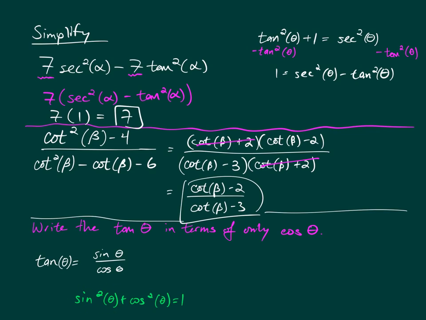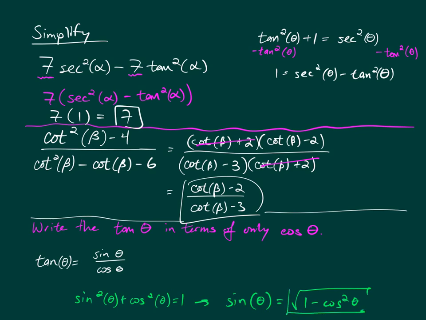So that will require you subtracting cosine squared from both sides and then taking the square root to get rid of the square on the sine. So this looks like this. Sine of theta equals the square root of 1 minus cosine squared theta.